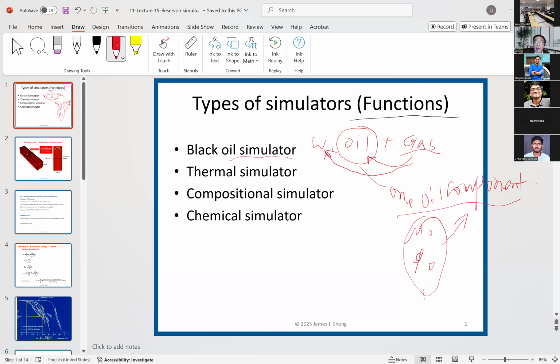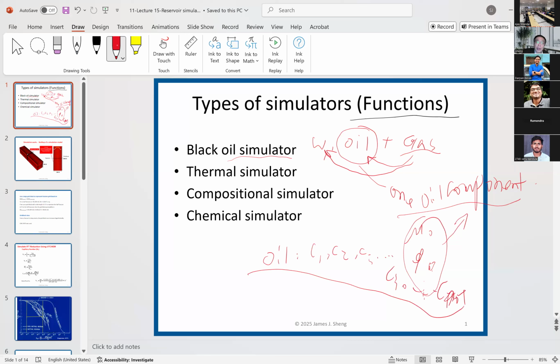But as you know, actual oil could have different components, right? You could have C1, C2, C3, and C30, whatever, even higher. So actual oil has many components.